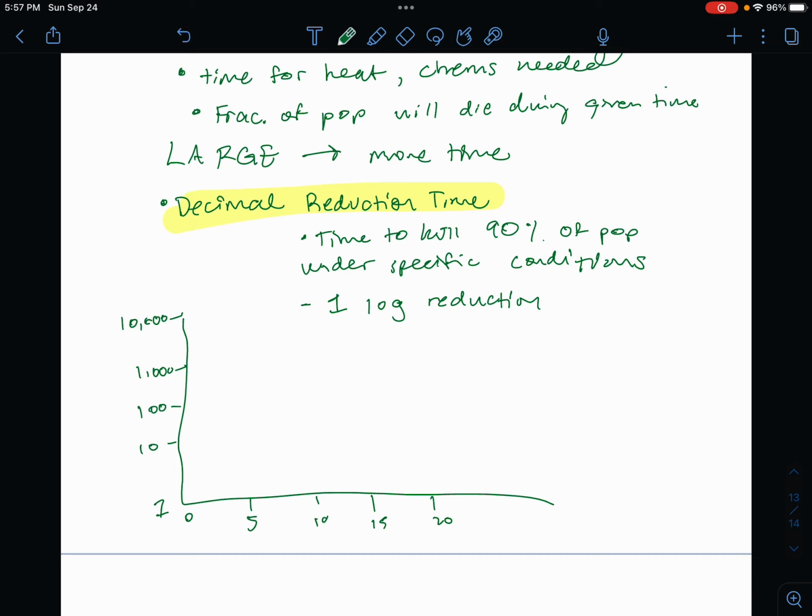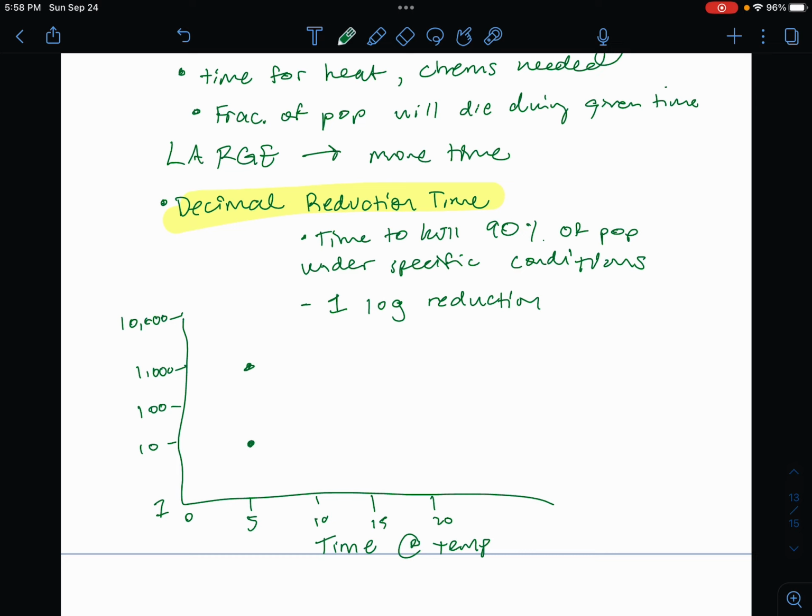Okay, so when we have 1,000 surviving cells, that's going to go to 5 minutes of time at the given temperature. If we have 10 remaining cells, that will be also 5 here.